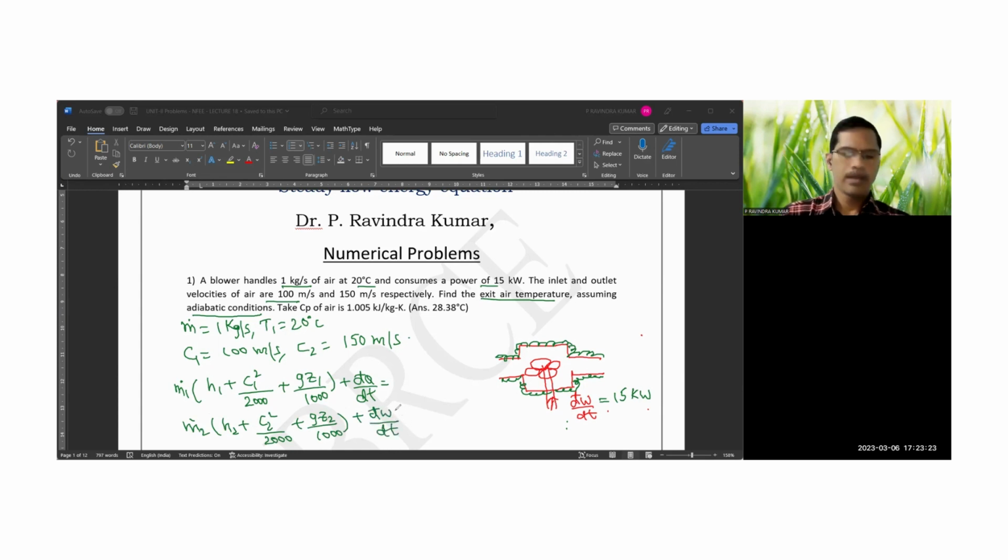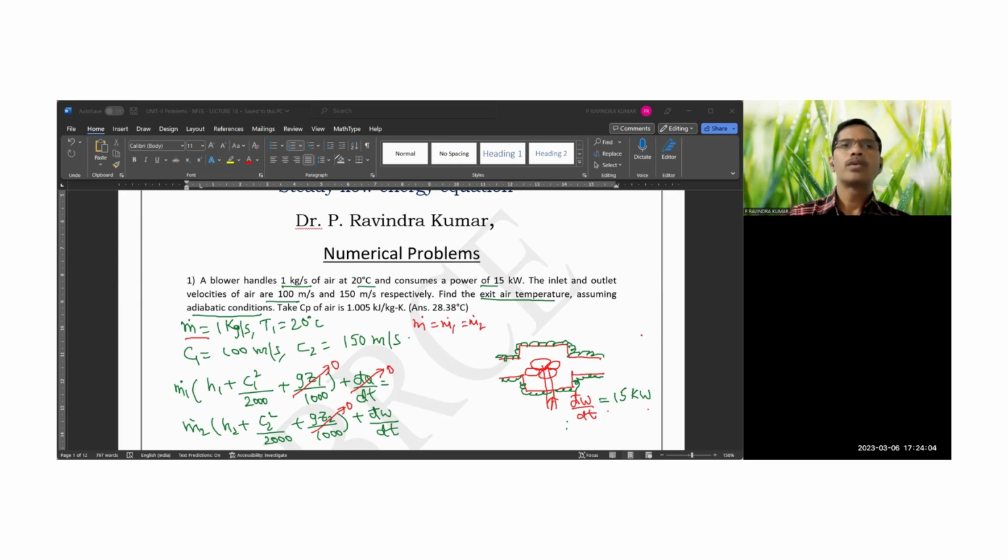Here the potential energy terms are 0, and because of insulation the heat transfer is also 0. And the mass flow rate m dot is equal to m1 dot, equal to m2 dot. So this is the given expression.